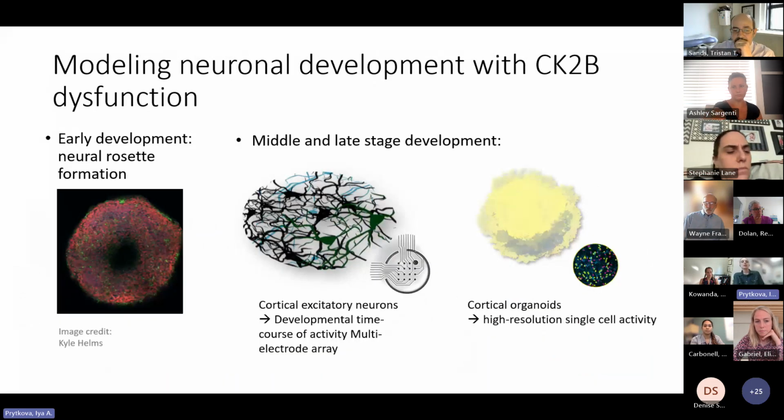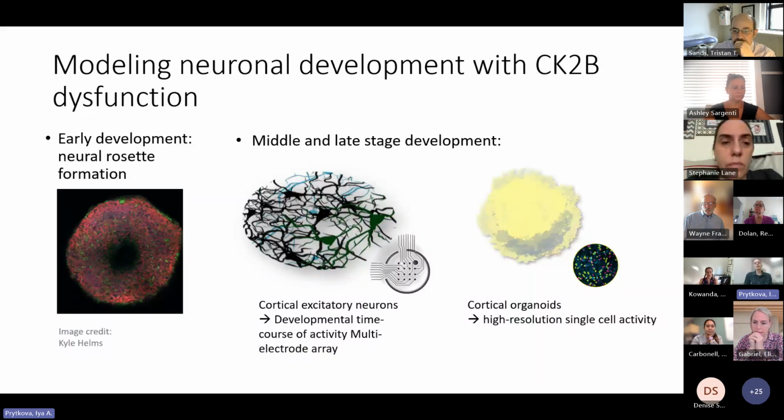So there are several models of neuronal development that we plan on working with. We have early development here, where we look at the formation of neural rosettes. So that's before, like the earliest stages of brain formation. We also have a middle stage development with an induced excitatory neuron system growing in 2-dimensional culture.